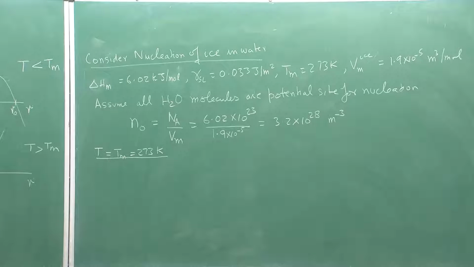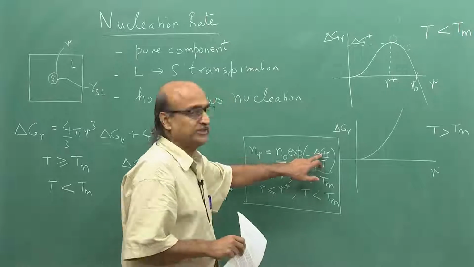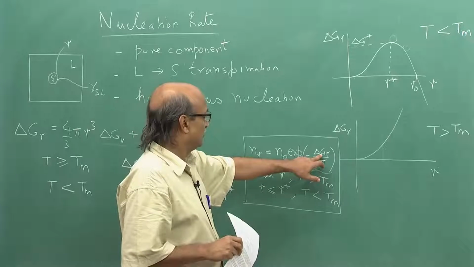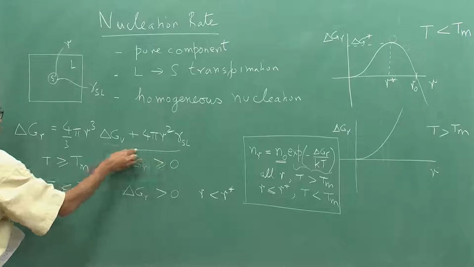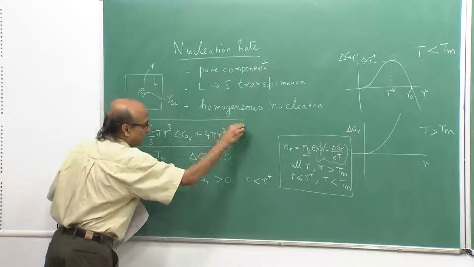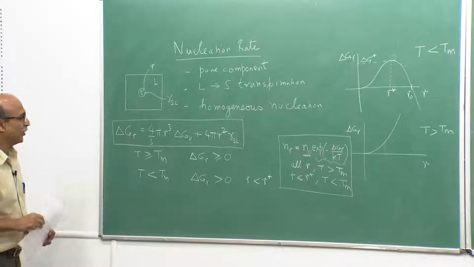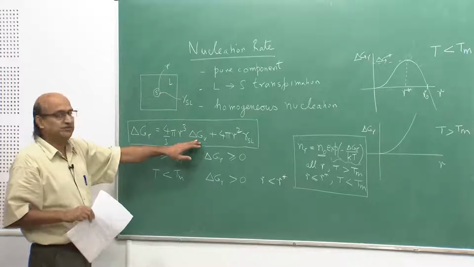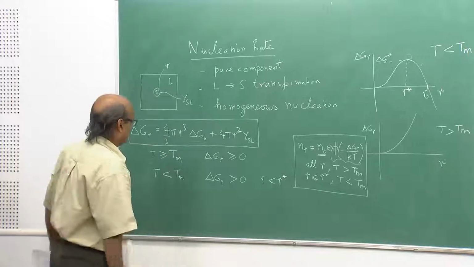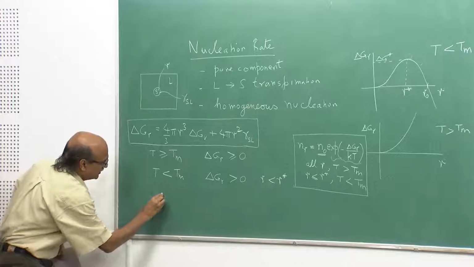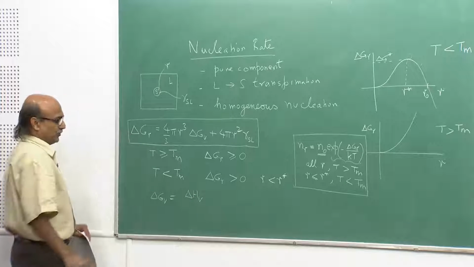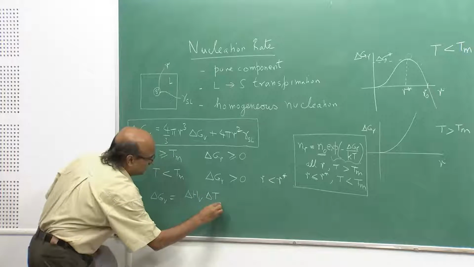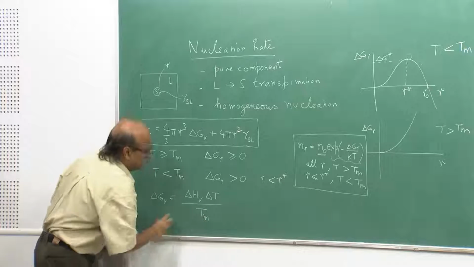At this temperature, first, I need to calculate the change in free energy for a given size of the nucleus R. So, delta Gr, which is given by this relationship, but at the melting point delta Gv would be 0. Remember that delta Gv is the change in enthalpy per unit volume delta Hv multiplied by delta T divided by Tm.